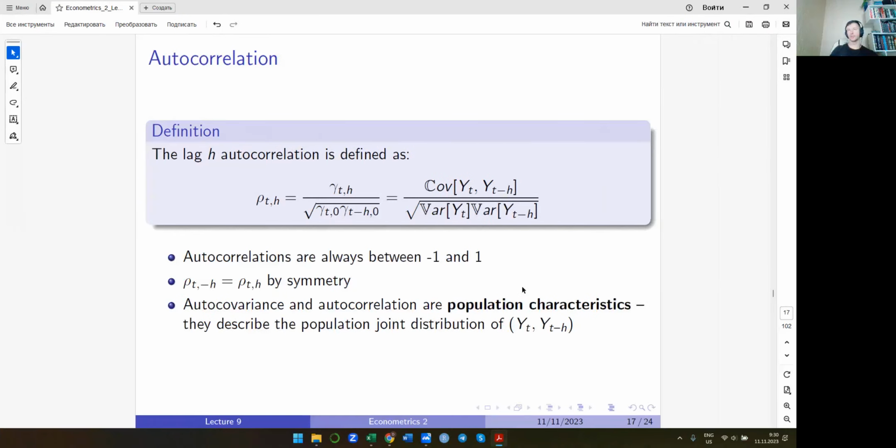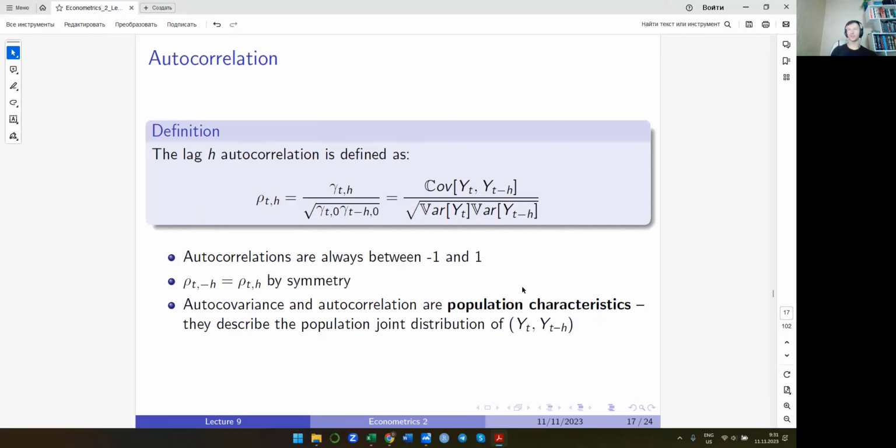And what we need to remember is that autocovariance and autocorrelation are population characteristics. So they describe the population joint distribution of y_t and y_{t-h}. As you also had in your midterm, there was a question: what's the difference between population and sample characteristics?